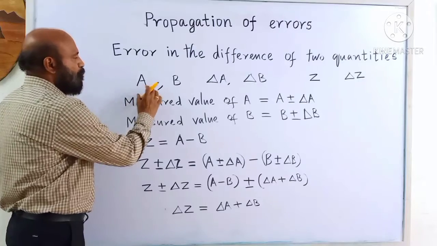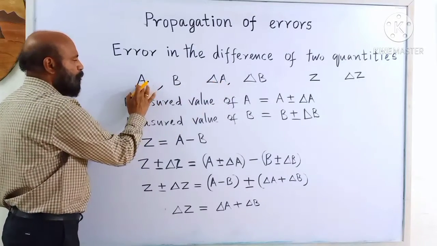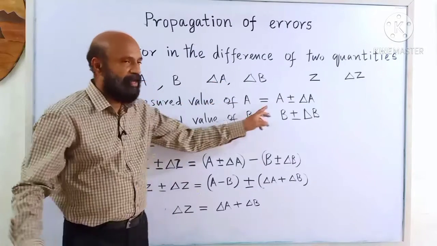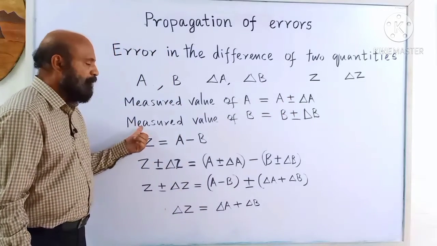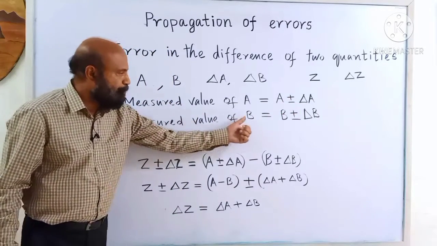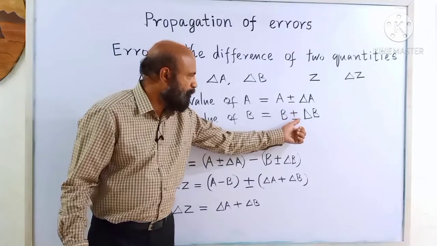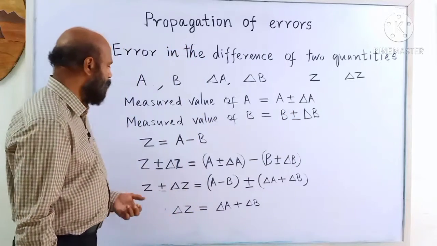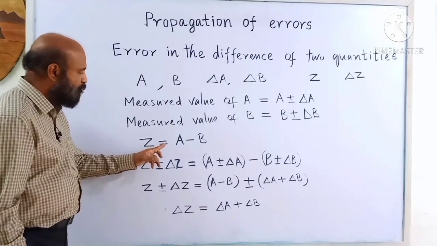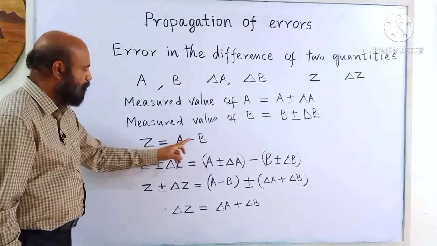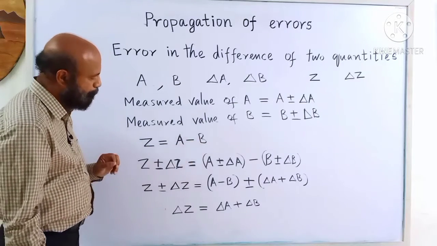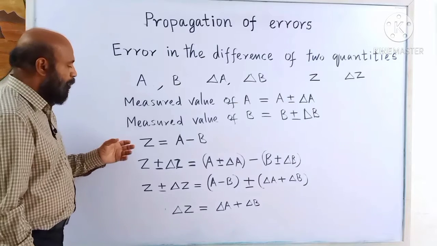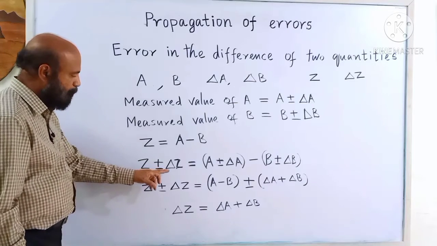Since there is an error of delta A in the measurement of A, measured value of A will be A plus or minus delta A. Similarly, the measured value of B is B plus or minus delta B. Now, Z is the difference between A and B, A minus B. Now, error in Z can be obtained from this.